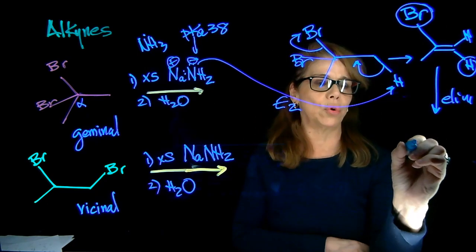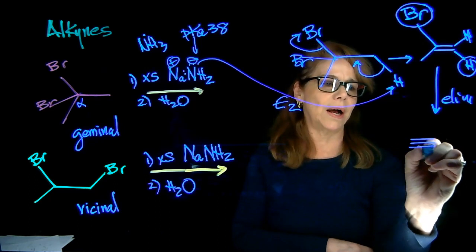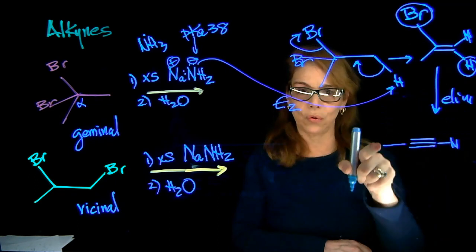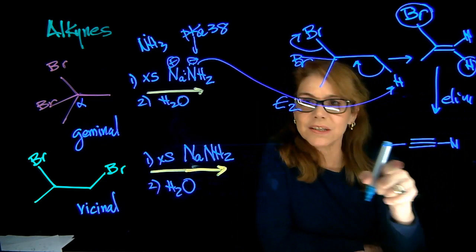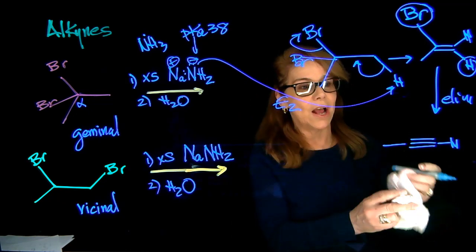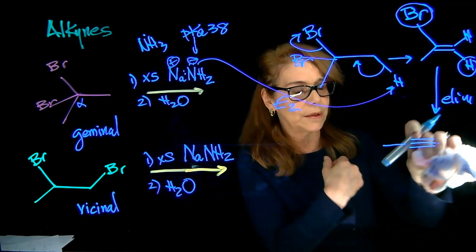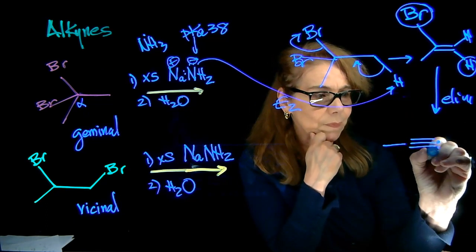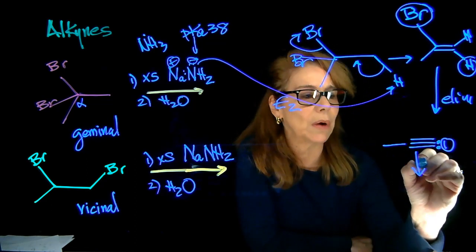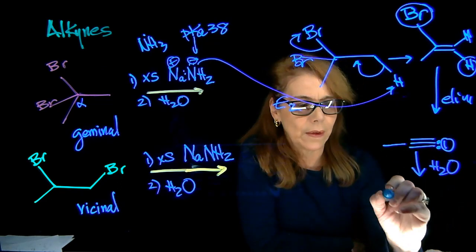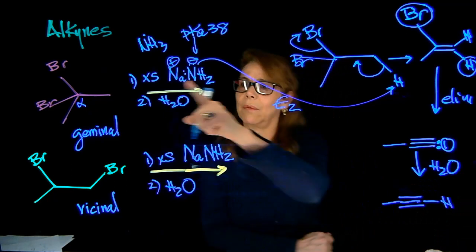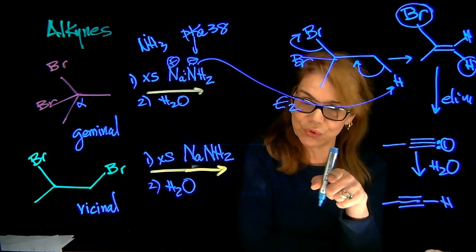So now you will be making your alkyne by eliminating this, making the triple bond. But since you are in the presence of a strong base, you're really not getting that. You immediately will have the alkyne anion. So to recover that, you must add water to actually have the alkyne. So that will be the process in which you do this reaction.